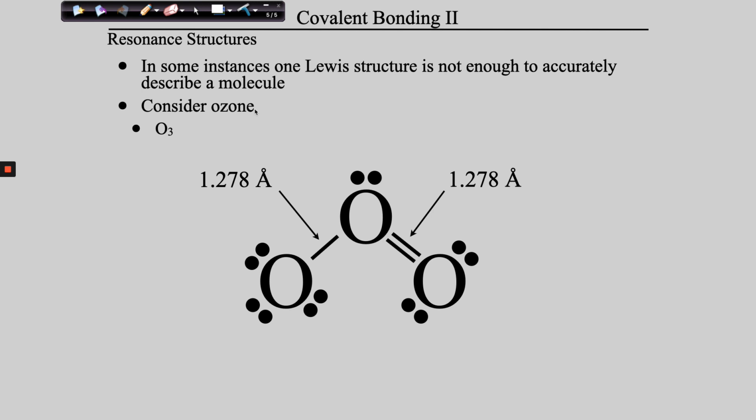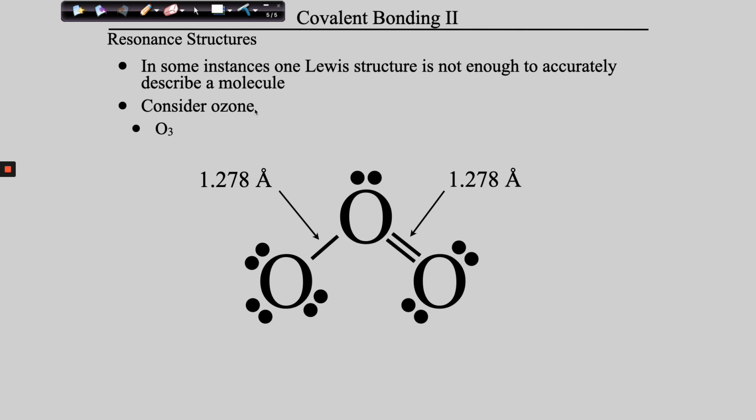And guys, this is where things get interesting. It turns out that the length of these two bonds is exactly the same. But guys, it gets even more weird than that. Not only are the lengths of these bonds the same, but they are longer than a double bond and shorter than a single bond. Let's say it again.